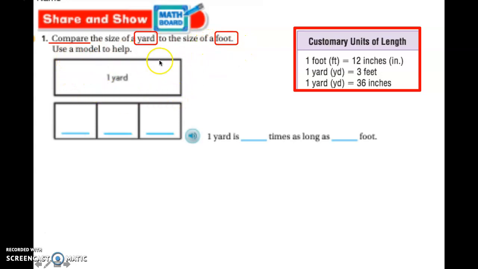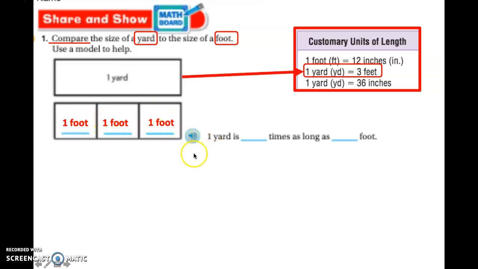We know a yard is greater than a foot. If I look at my table, I can see 1 yard is made up of 3 feet, where 1 yard equals 3 feet. So in each one of my 3 boxes, I am going to put 1 foot because 1 yard is made up of 3 feet.